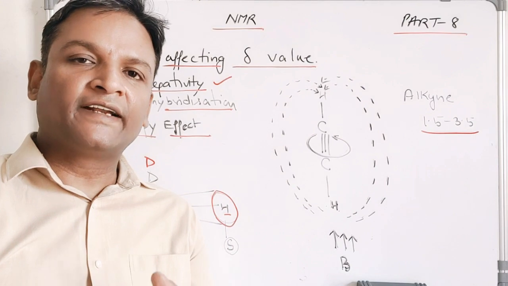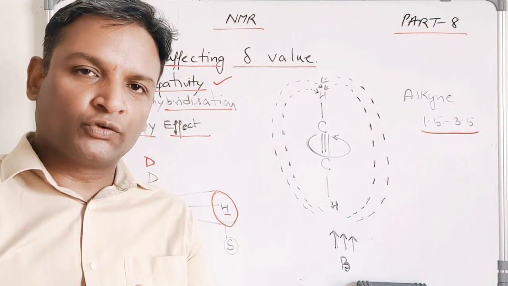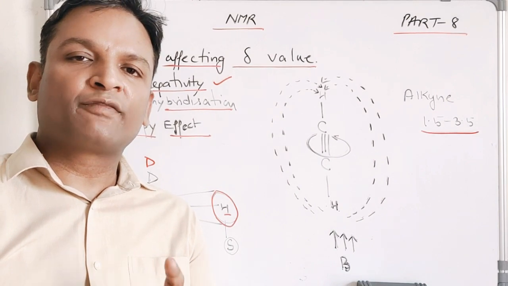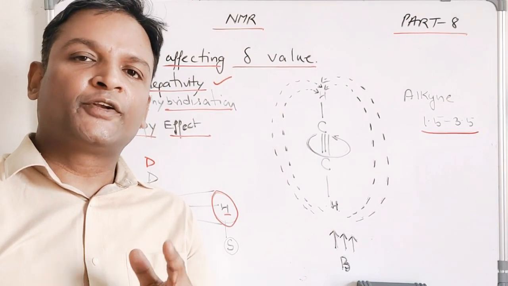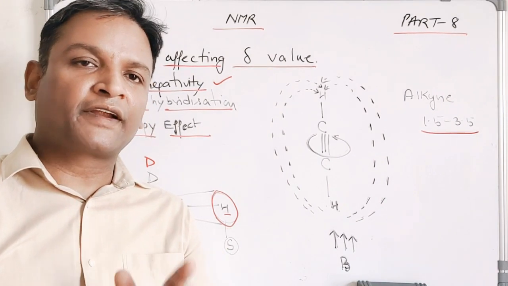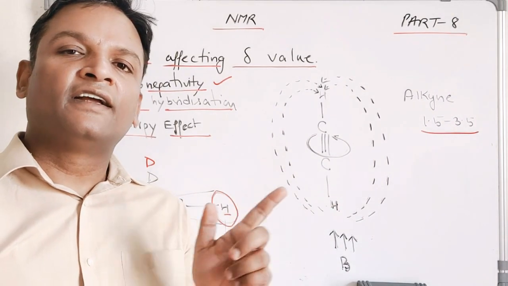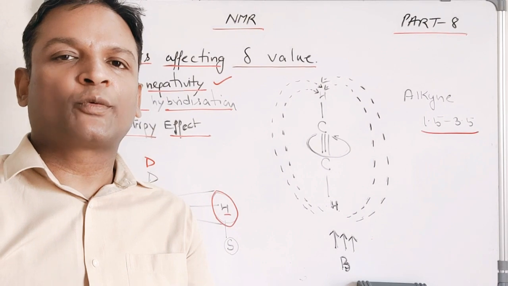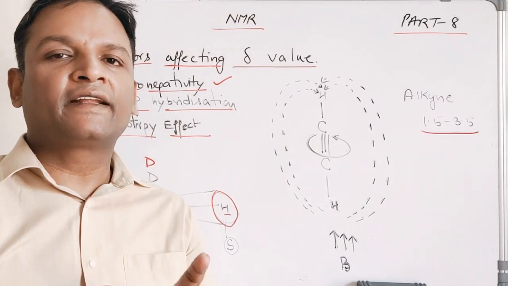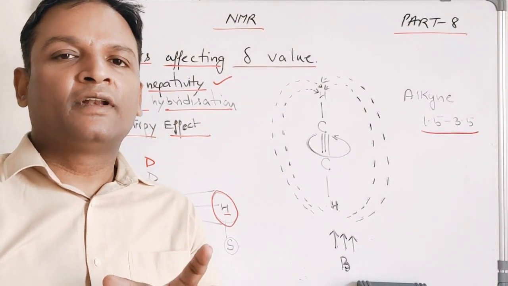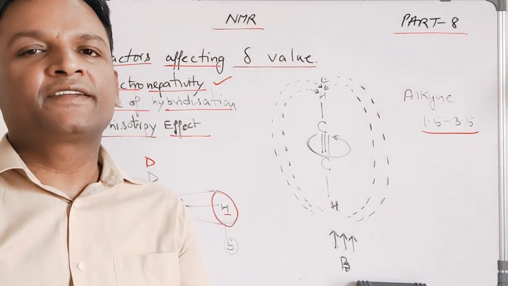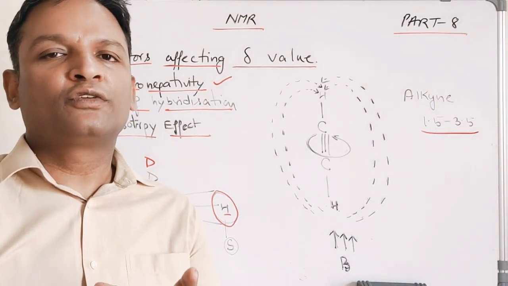But in case of aldehyde there is electron withdrawing by the CO, which is also responsible. In case of aromatic compound there is an anisotropic effect plus sp2 state of hybridization, that is the second factor. But alkyne has a less value, because the anisotropic effect makes the alkyne CH lie in a shielded region, and hence alkyne is the least delta value compound.